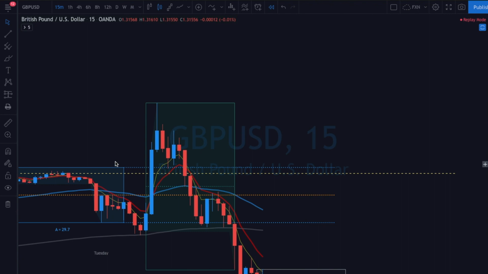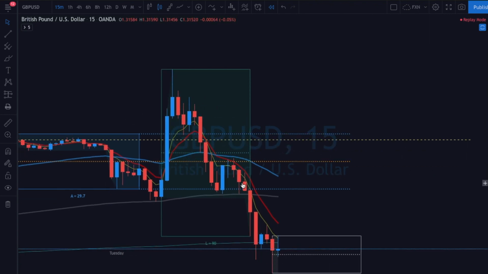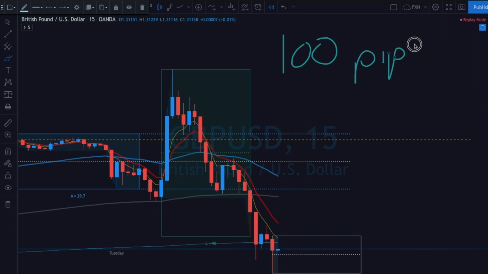And so what I want you guys to understand is that knowing what the average daily range is on a pair is hugely important, right? Because if you know that pound USD moves 100 pips a day, right?